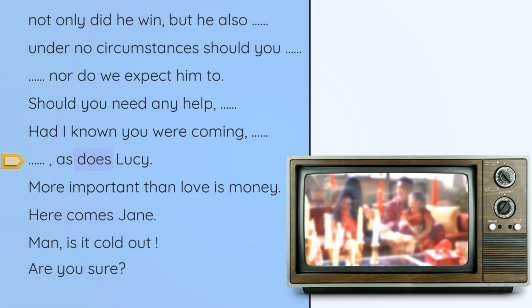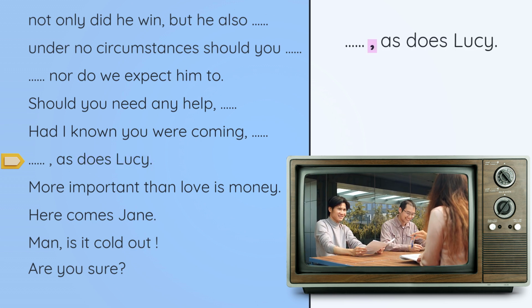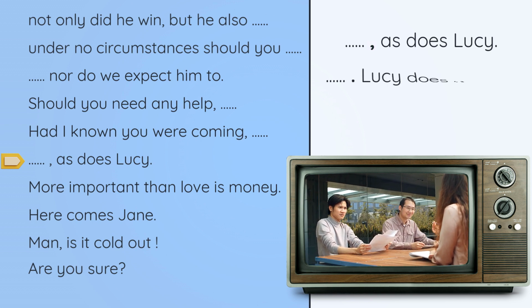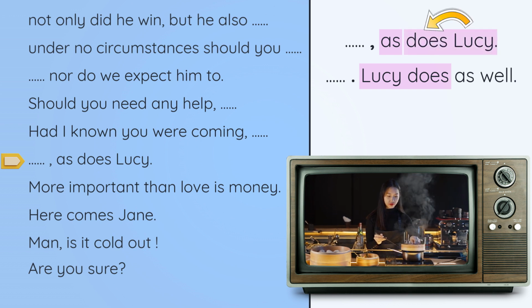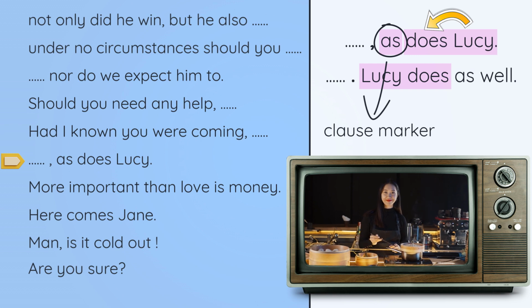Here is the verb, here is the subject. Now, I could put a period and put a new sentence. "So does Lucy." Same idea. "Lucy does as well," if I want a subject-verb order. But when you start with "as," you're going to invert the order. This is a clause marker, adverb clause marker to compare.